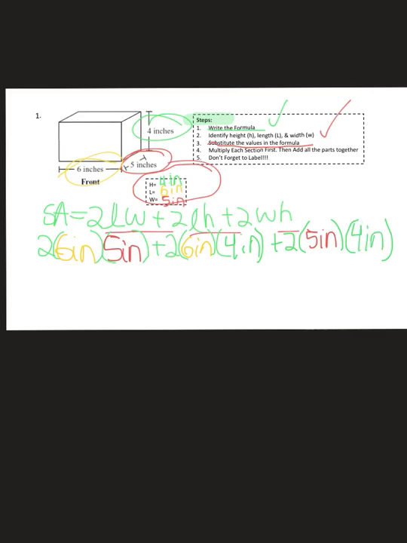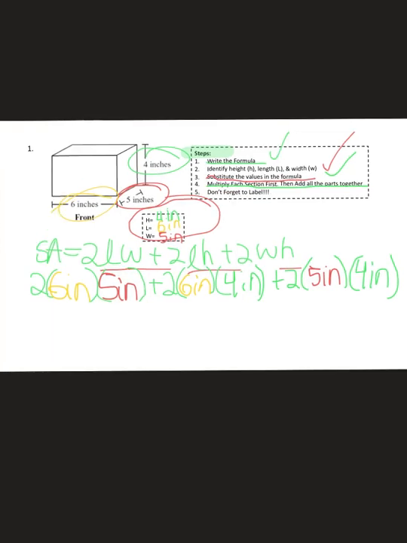So step 3 is done. You just substitute everything directly into the formula. All right, step 4 says multiply each section first, then add all the parts. So we need to multiply each section first and then add all of it together.